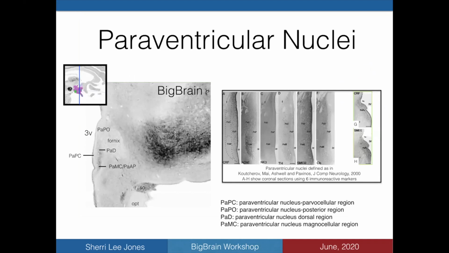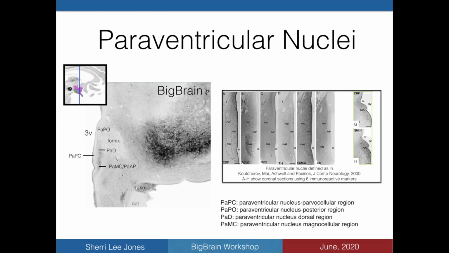Here's an example of how the segmentations were done. This is a zoomed in coronal view at the level of the paraventricular nucleus. On the left is the BigBrain, and you can see the contrast in grayscale between the different subregions like the magnocellular, so the PaMC, the parvocellular region, the dorsal region, and the posterior regions.